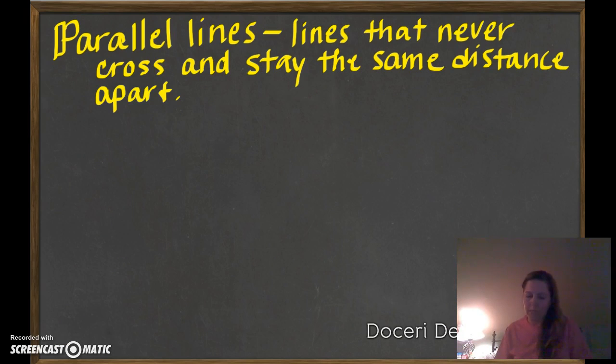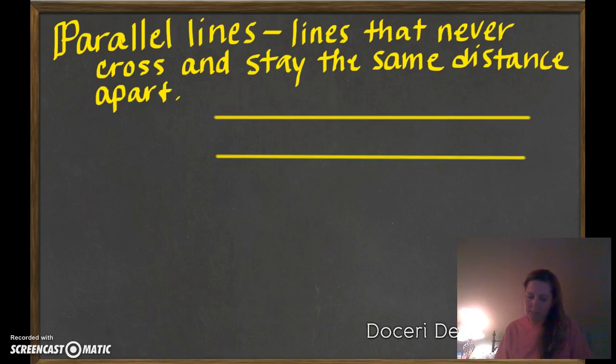Okay, next we're going to look at specific types of lines. The first type of lines that we're going to talk about are called parallel lines. Parallel lines are lines that never cross and are the same distance apart at any place that you look on the lines.